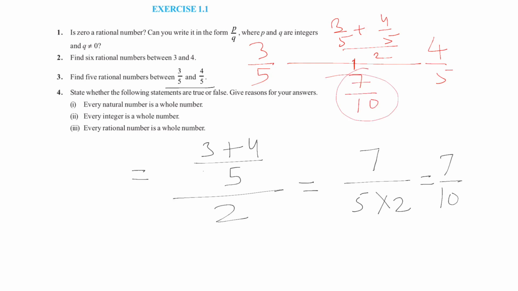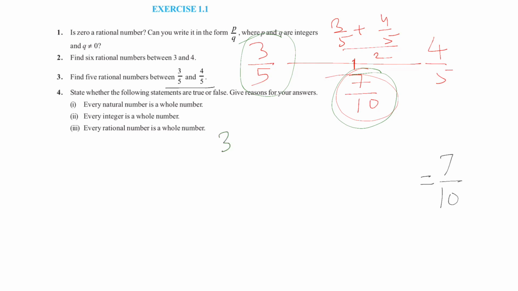Now if we add one of the extremes, that is 3 by 5, and 7 by 10, and again divide by 2, that is 3 by 5 plus 7 by 10 divided by 2, the number we get will be in between 3 by 5 and 7 by 10, which is actually in between 3 by 5 and 4 by 5.